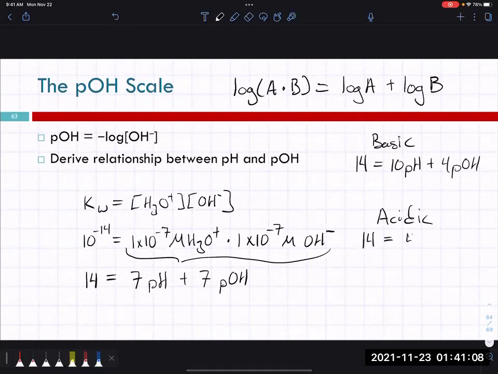So we'll just flip it exactly. So pH of 4, our pOH would have to be 10. So pH plus pOH always equals 14. And because of that, you can use it to convert between the two. You can also use Kw, but you have to write everything out times 10 to the negative numbers for the small concentrations.